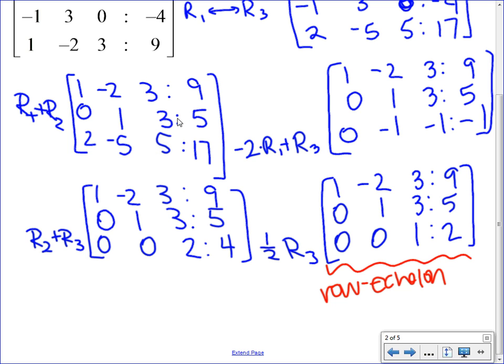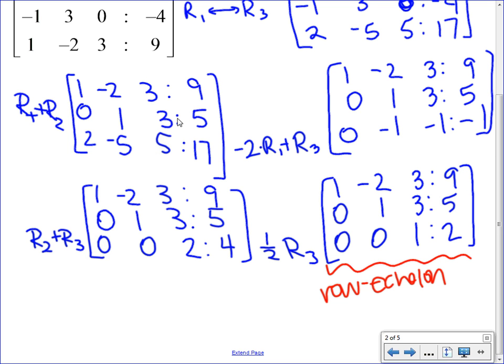We can find x. Okay, but I'm not going to go through that because I'm fully confident from here you can figure out the solution, right?